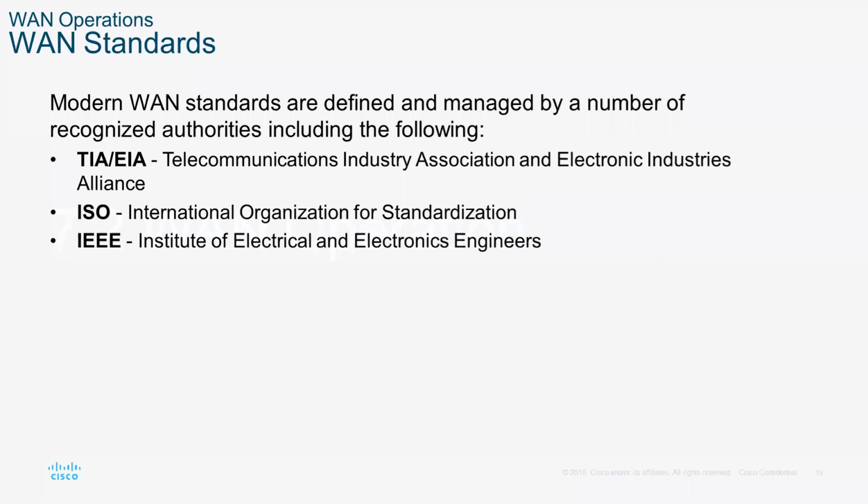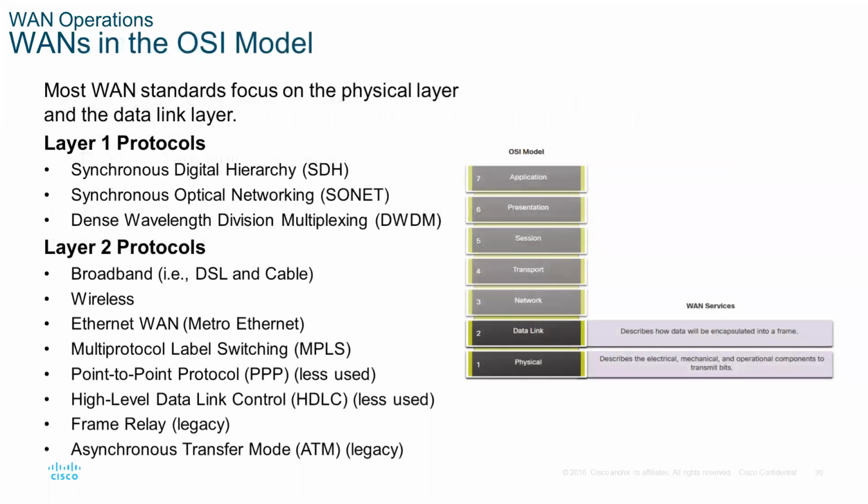So how does this all work? Well, we have standards which are controlled by the usual suspects. I'll let you read them. They're the usual ones that we've talked about throughout all of networking.